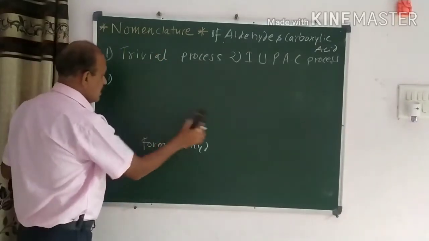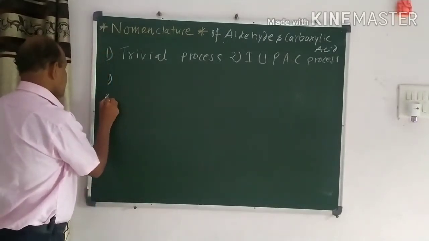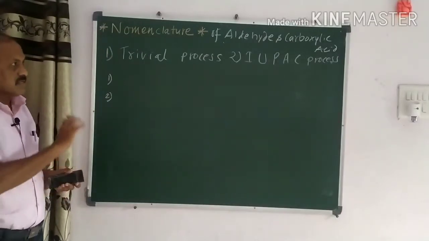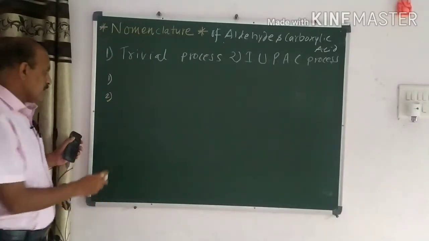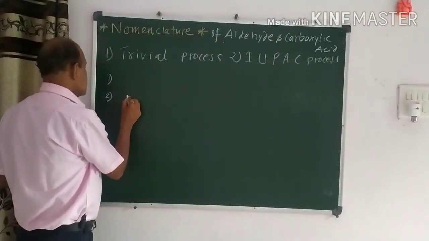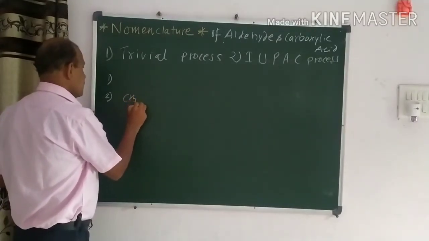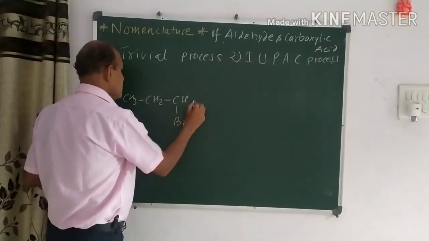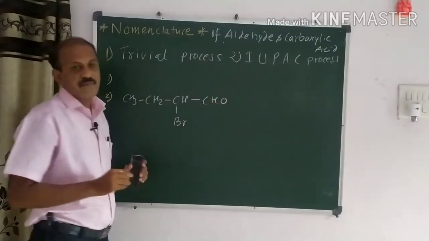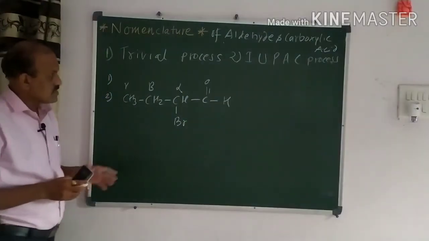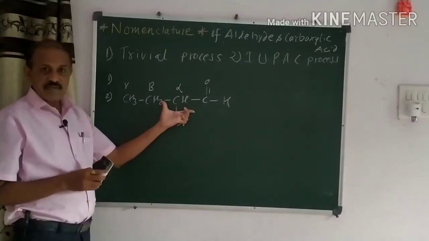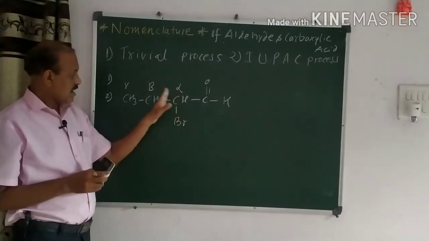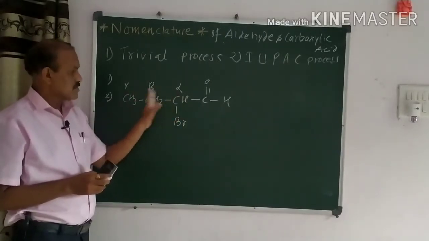Now the second rule we have to observe, which is important. If the aldehyde or carboxylic acid is written in the form of a chain, then what happens? Suppose there is a substituent, just like this: CH3CH2CHBrCHO. If there is a substituted aldehyde or carboxylic acid, then while giving the name we give alpha, beta, gamma to the substituted carbon atom.